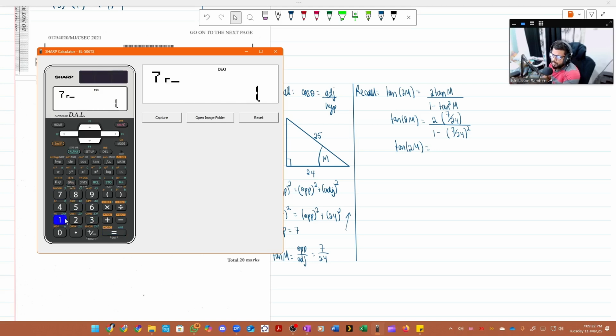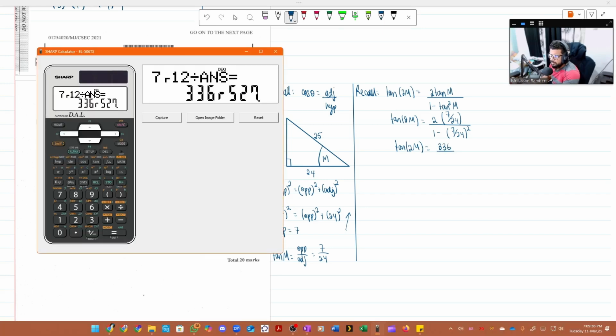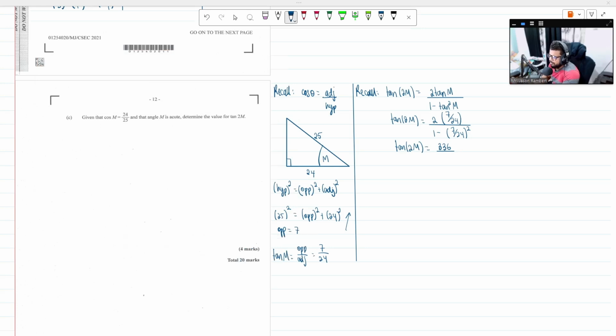So 7 over 12 divided by whatever answer I had just now on my calculator, I get 336 over 527. That looks weird. 336 over how much? 527. Looking kind of weird. I don't think I made any mistakes.